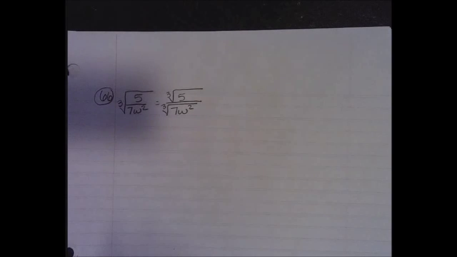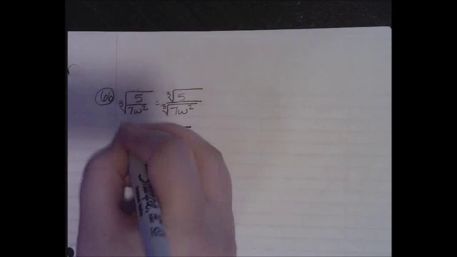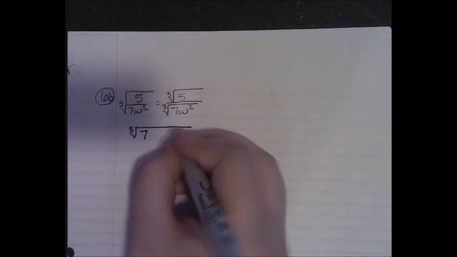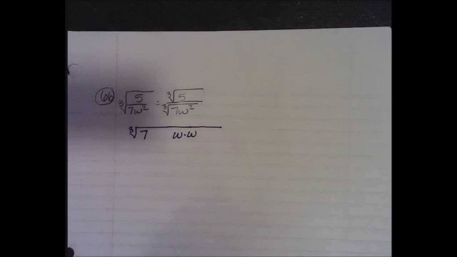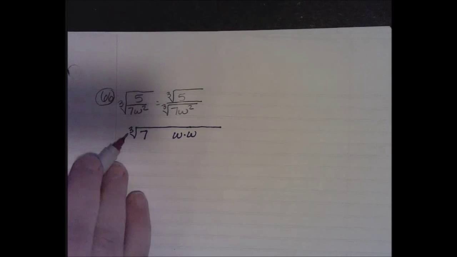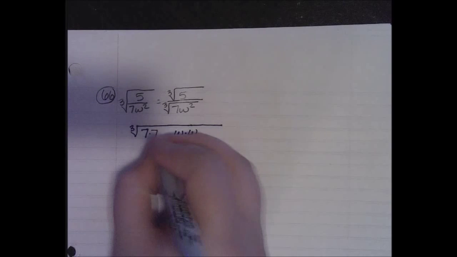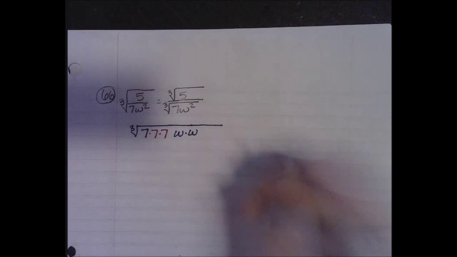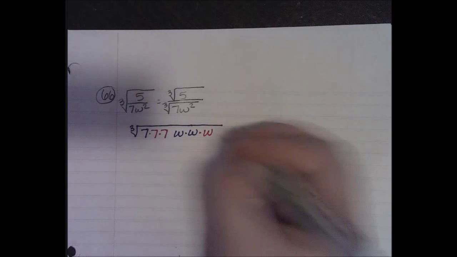So I'm going to write down what I have in blue. I have 1 7 there, and I've got 2 w's here. So I need 3 of a number to release it from the radical. I have 1 7. I need 2 more. I have 2 w's. I need 1 more. Remember, you need 3 of something.